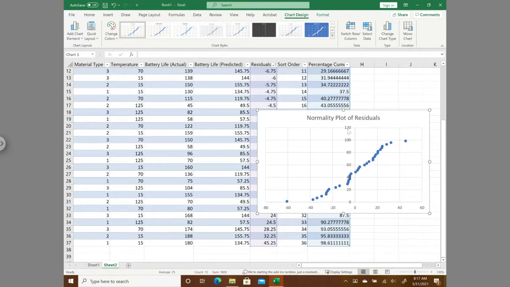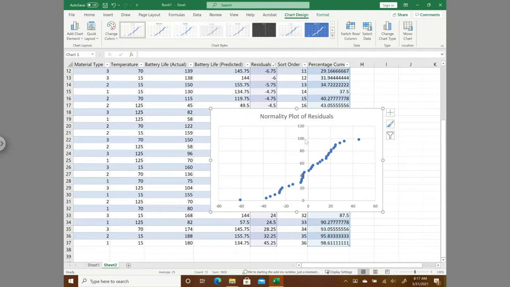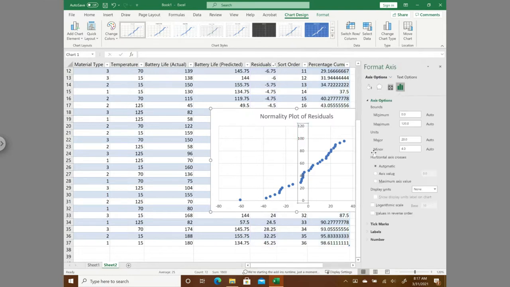This scale, we can have the upper limit 100 there, right? So I'm going to modify my y-axis. Double click on that. The maximum value I want 100.